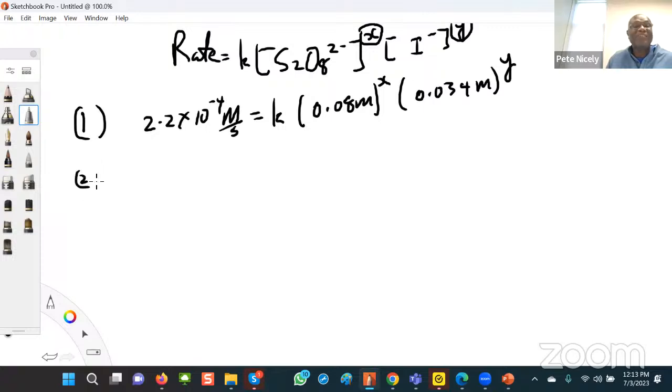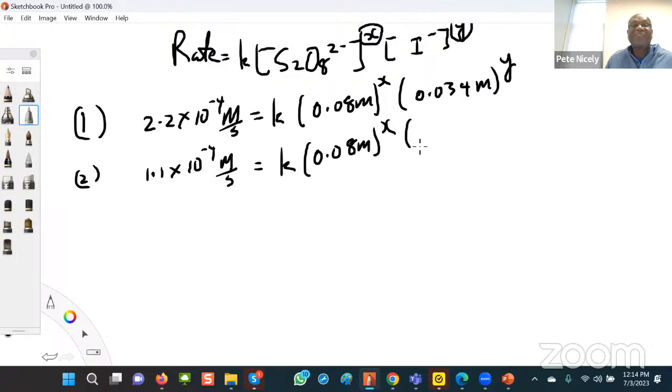Then I'm going to do something similar for experiment 2. The rate, which according to the table is 1.1 times 10 to the minus 4 m over s, is equal to K times the concentration of persulfate, which is 0.08 m raised to the X, times the concentration of I-, which is 0.017 m raised to the Y. Then I'm going to divide the top line by the bottom line.